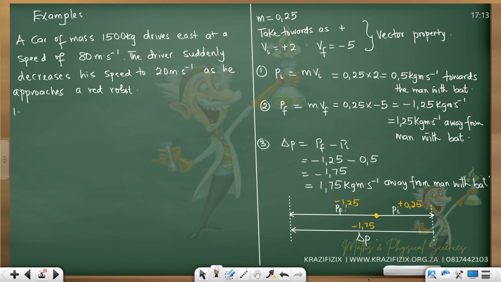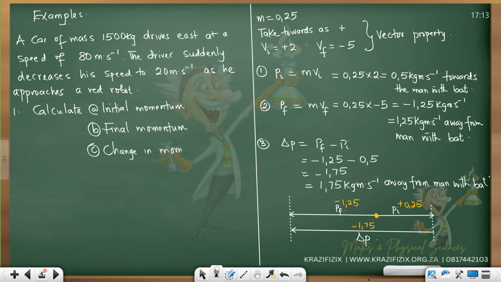Number 1, calculate A, initial momentum, B, final momentum, C, change in momentum, and D, represent the initial, final, and change in a vector diagram.